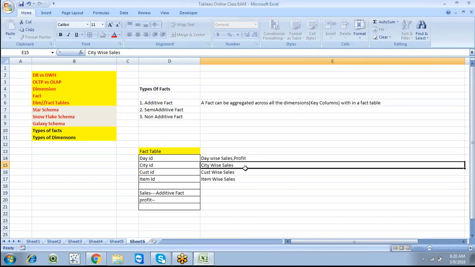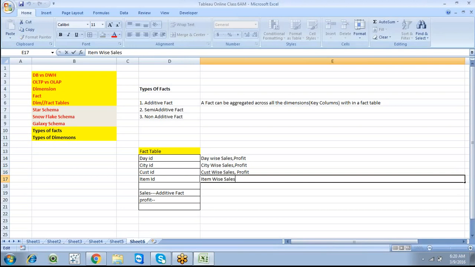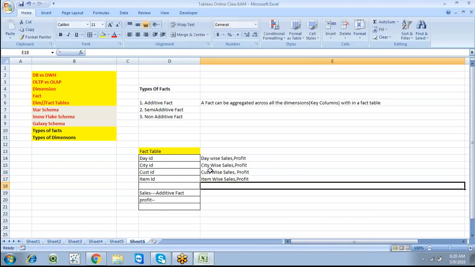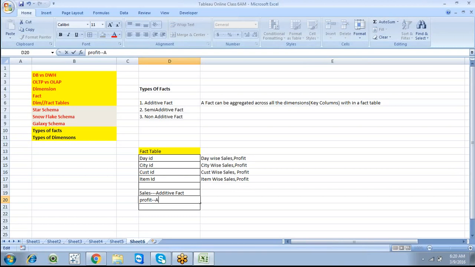So day wise profit, city wise profit, customer wise profit, item wise profit. We can go for day wise, city wise sales and profit. So profit is also called an additive fact.